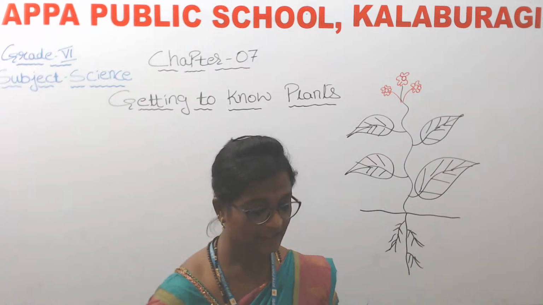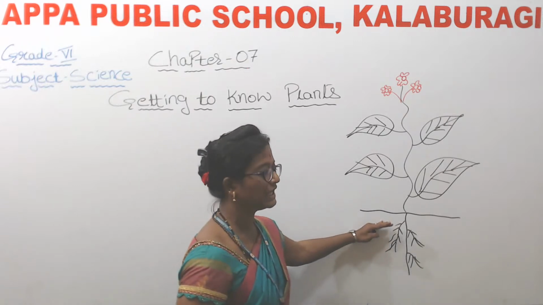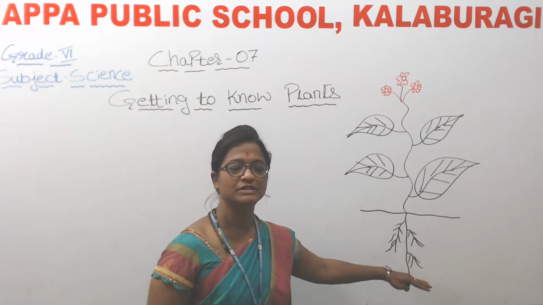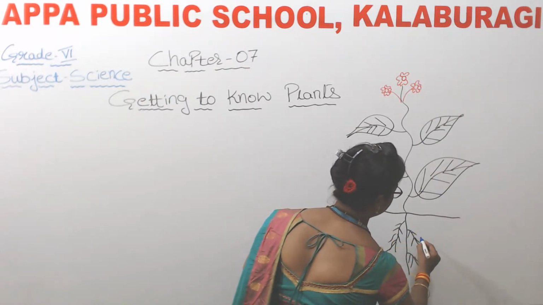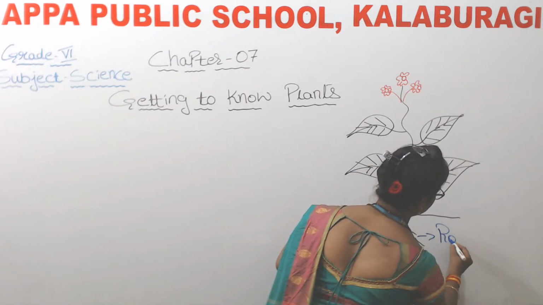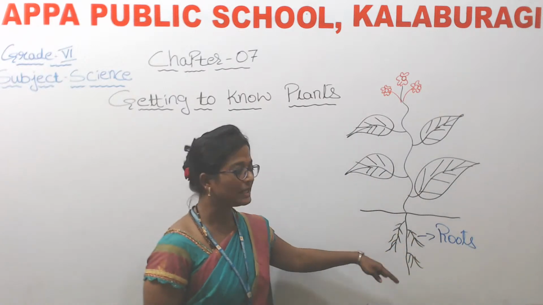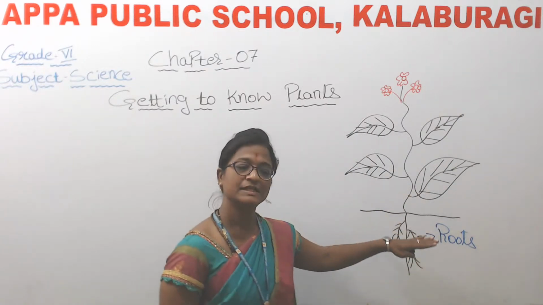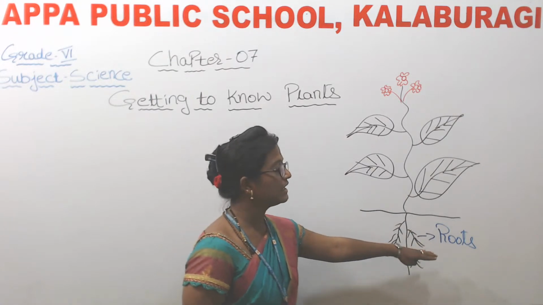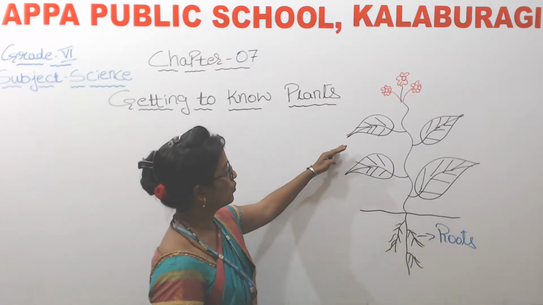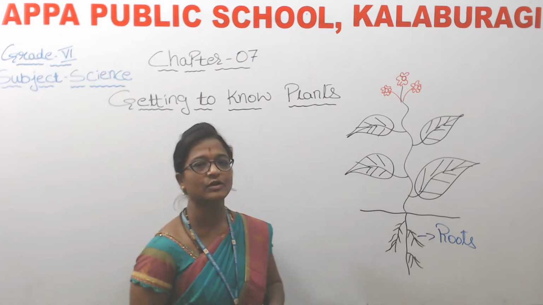Now when we label the parts, we come to know that the part which is below the ground, these are roots. Now, what about the part of a plant which is above the ground?